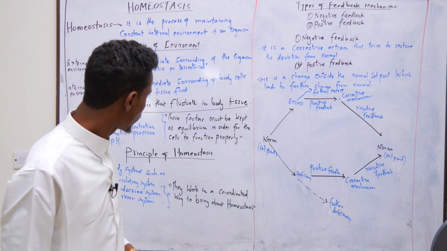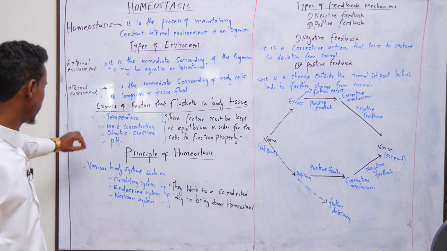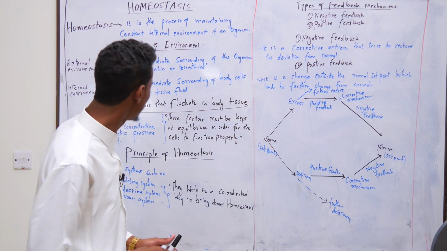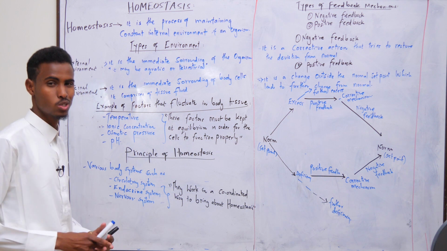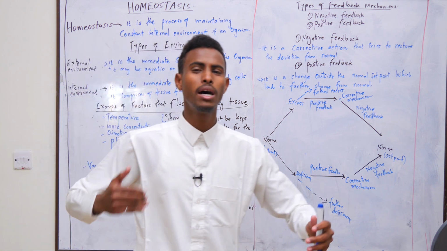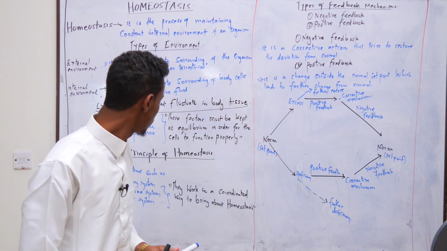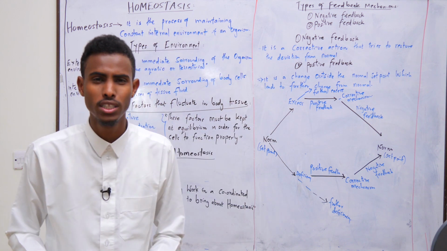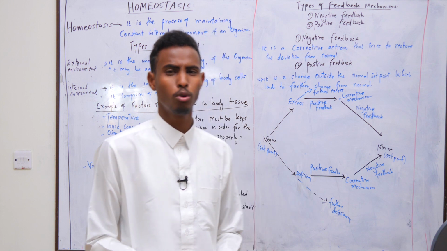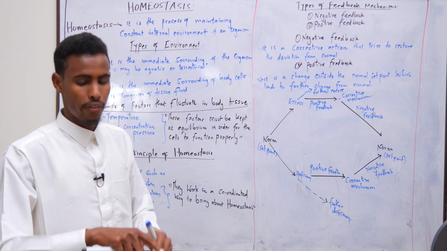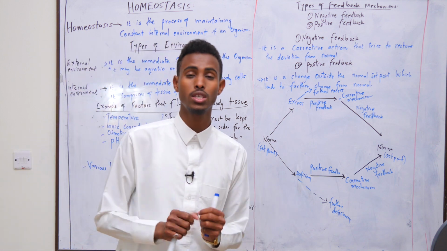Now, for instance, for a factor like temperature, when the temperature goes beyond normal, the body has some corrective mechanisms to restore that deviation from the normal, to prevent further deviation from the normal, and restore the body back. And we are going to see that the body responds to this through sweating, the hair follicle angle lying flat on the skin.